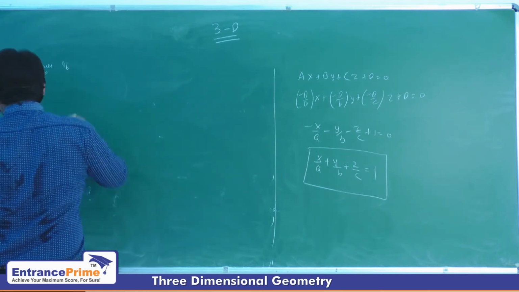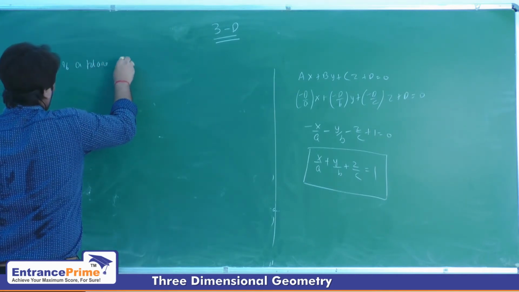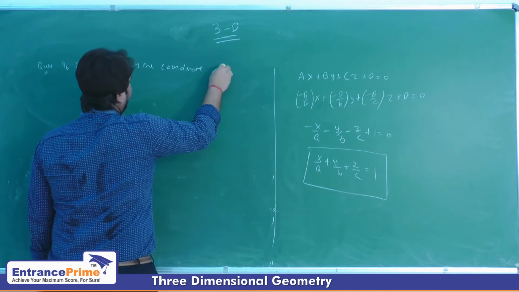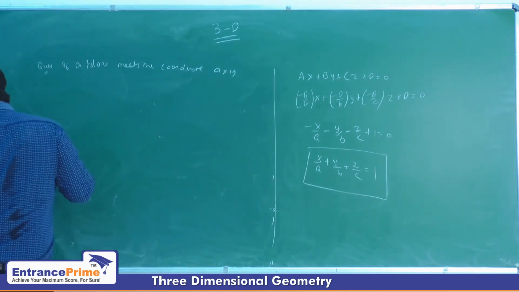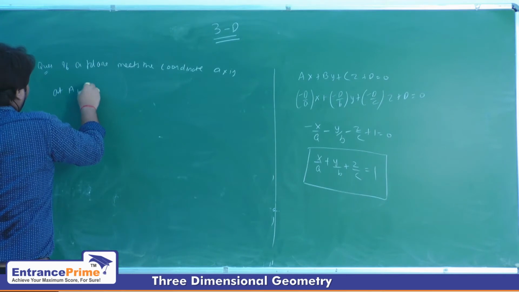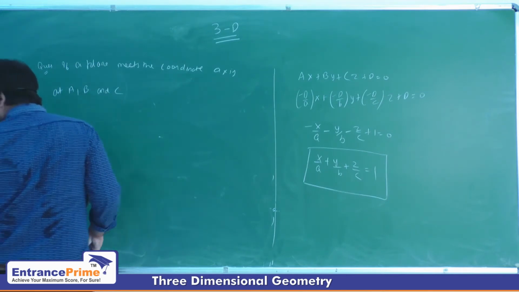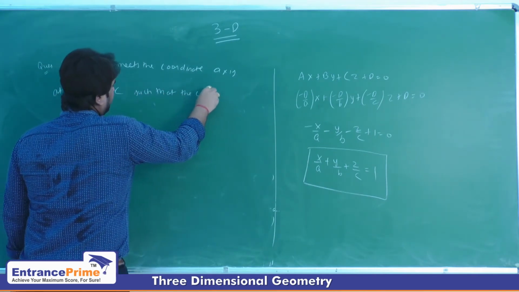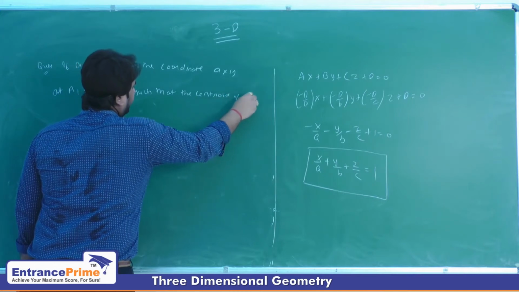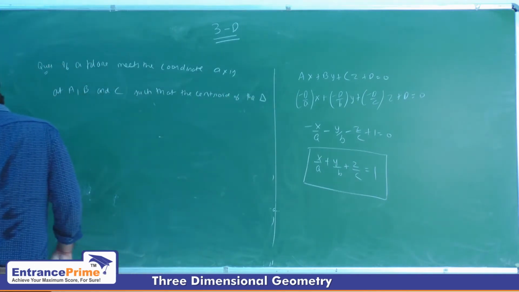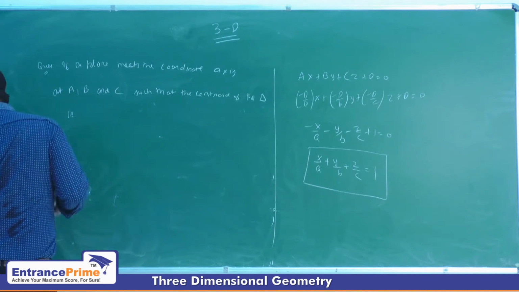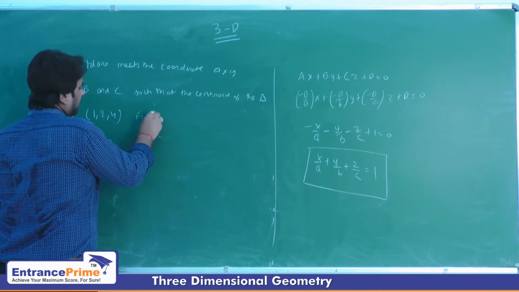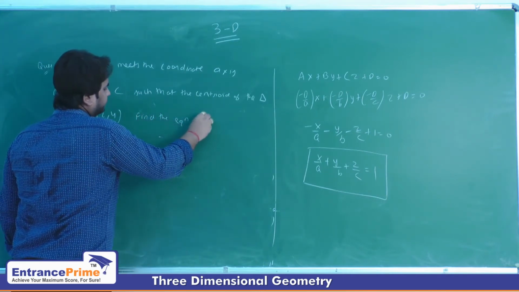If a plane meets the coordinate axes at capital A, B and C such that the centroid of the triangle is 1, 2, 4, then find the equation of the plane.